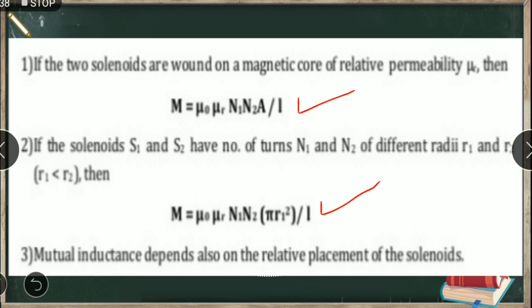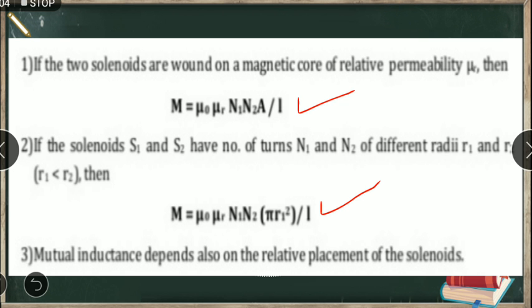Okay, so one last point. Your mutual inductance also depends on the relative placement of the solenoids, how the solenoids have been placed. It also depends upon their geometry, their separation, and also the relative orientation.